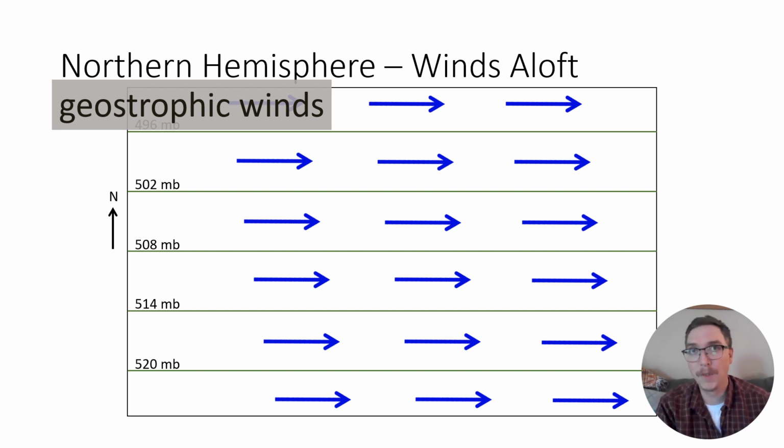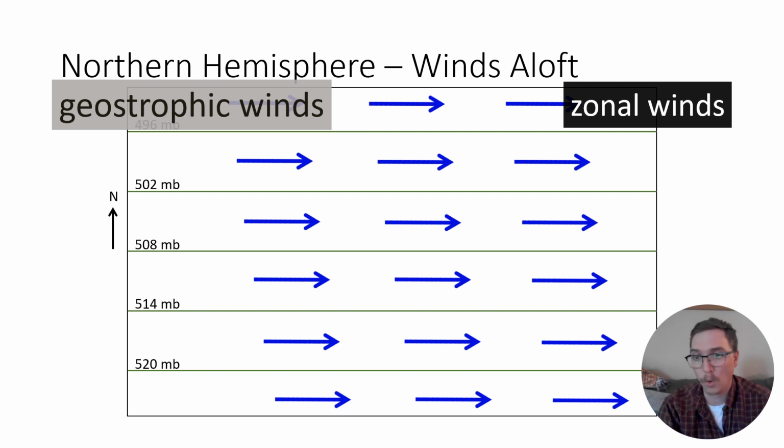If they're relatively straight, evenly spaced, and parallel to our isobars, our pressure bars, rather than perpendicular to them, they're geostrophic winds. These are generated when a balance is reached between the Coriolis force and the pressure gradient force. If these winds follow predominantly west-east patterns, we call them zonal winds.